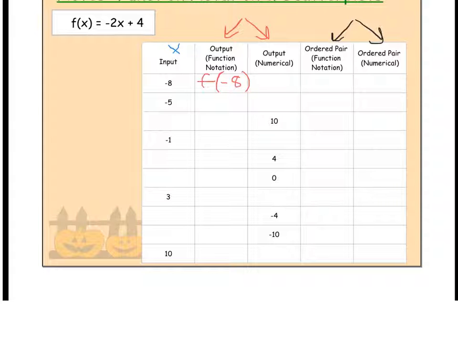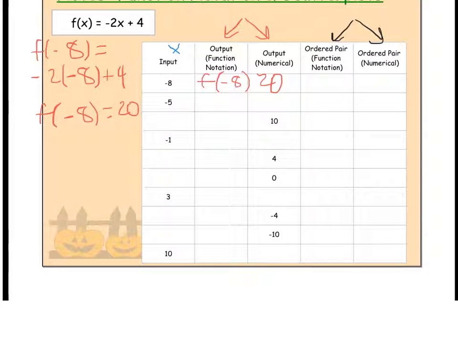When I plug it in, I get that out. So now if I want to write it numerically, I actually go through, plug it in, get the number answer. So I would do f of negative 8 equals negative 2 times negative 8 plus 4. So following order of operations, I get f of negative 8 is equal to 20. Now that is my numerical answer.